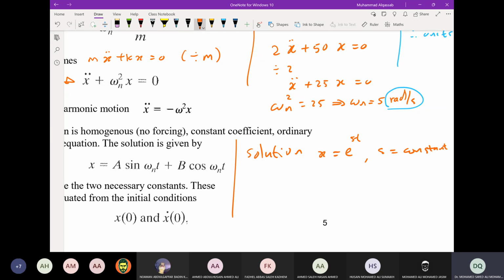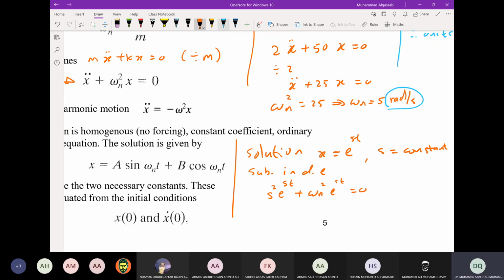And then you will find that s equal to, after substitution, you assume this solution, and then you substitute in the differential equation. You will get the second derivative of x, which will be s squared e to power st plus omega n squared e to power st equal to 0.